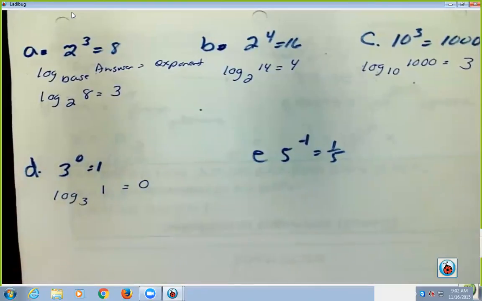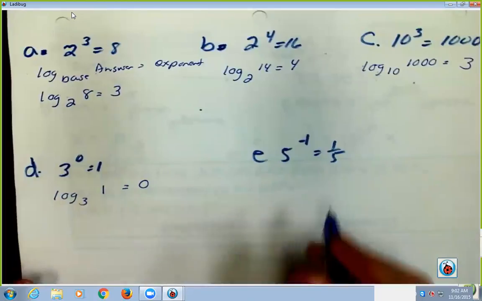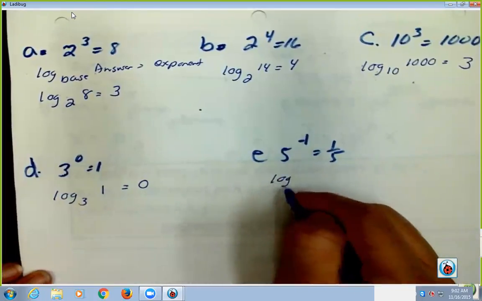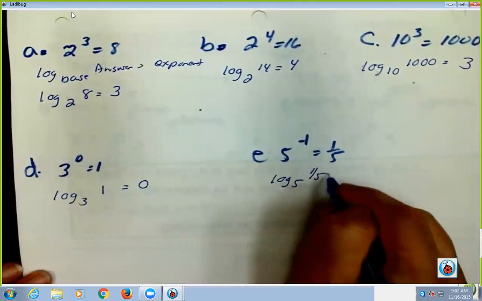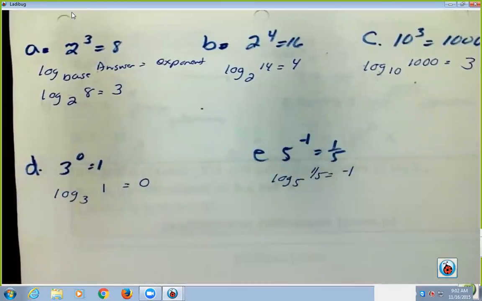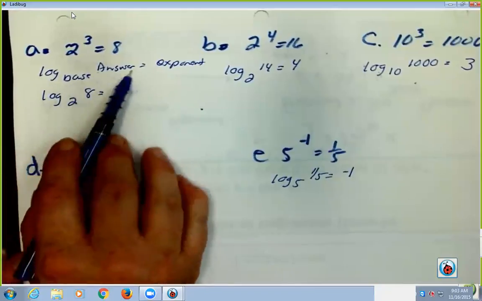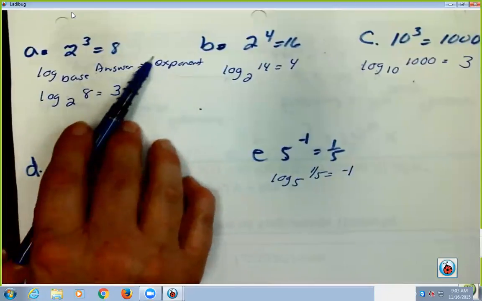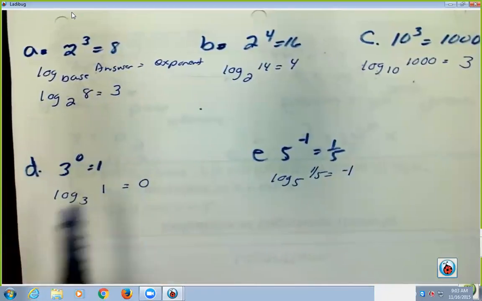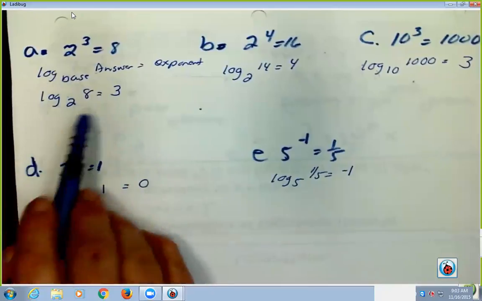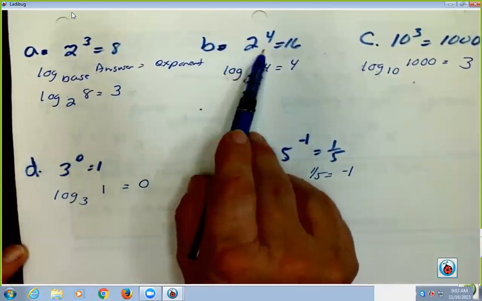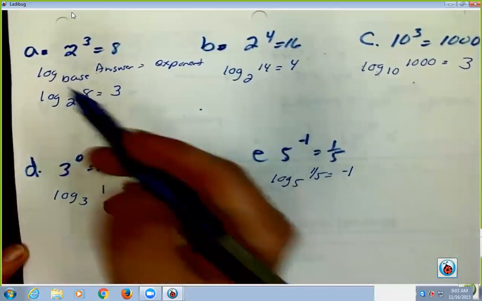And finally, the last one is log base 5, 1/5, is equal to -1. Good or not good? Again, don't forget it's log base, whatever the answer is, equals the exponent. And we could say this has a base of 2 and a log of 3, a base of 2 and a log of 4.